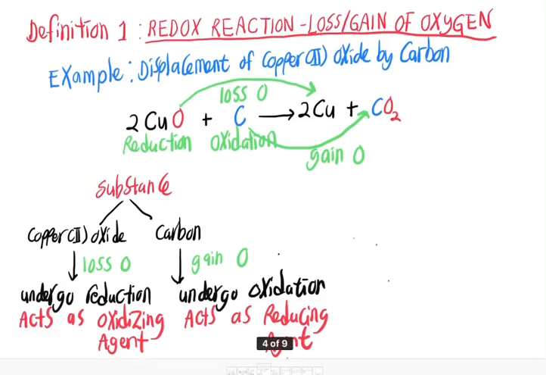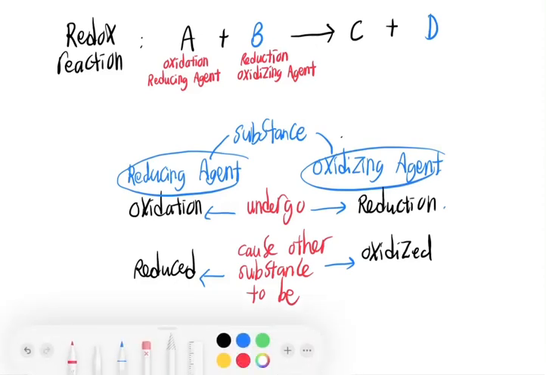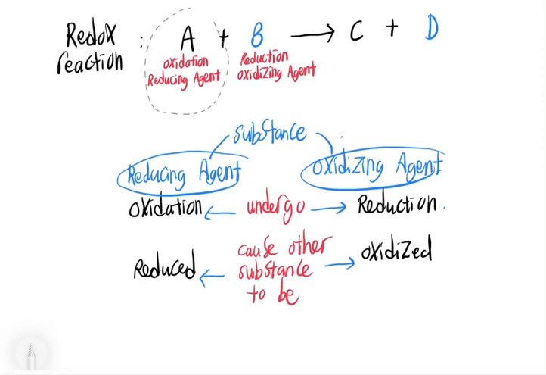Okay, so I will further explain the definition of oxidizing and reducing agent. In this case, A reacts with B. If substance A undergoes oxidation, substance B undergoes reduction, because oxidation and reduction occur at the same time, and we call that a redox reaction.